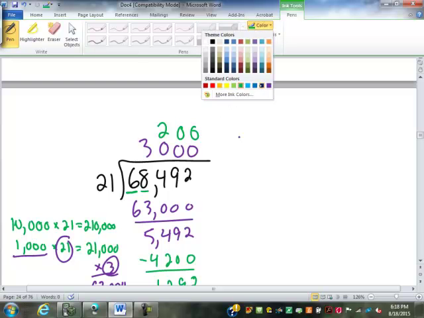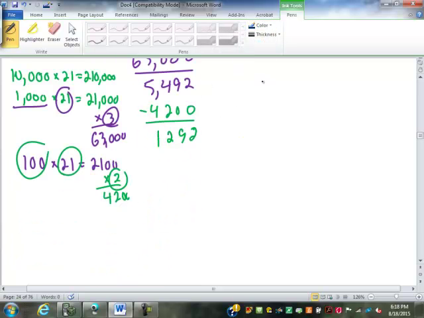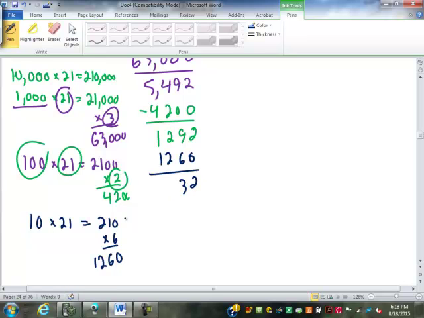If I keep going, the next place value is 10. 10 times 21 is 210. Can I subtract that? Sure I can. How many times? 6 times, right? It's 1,260. Just 32 left over.